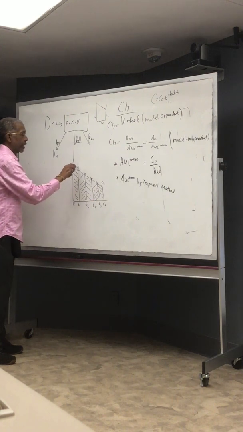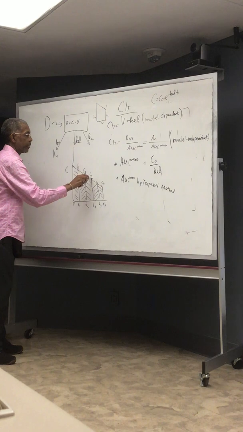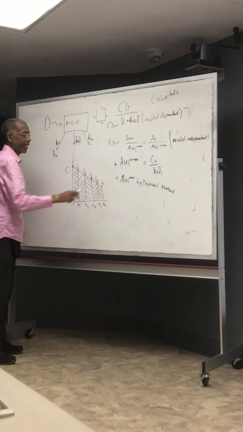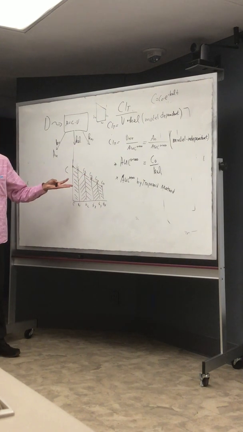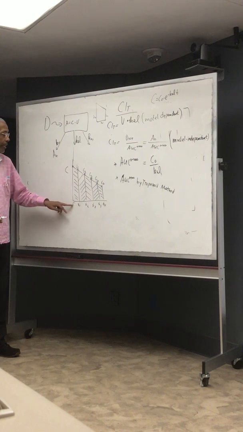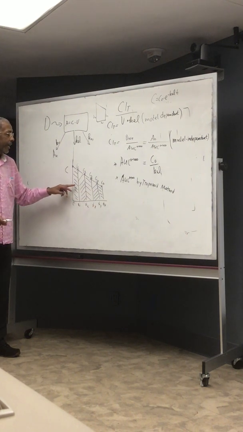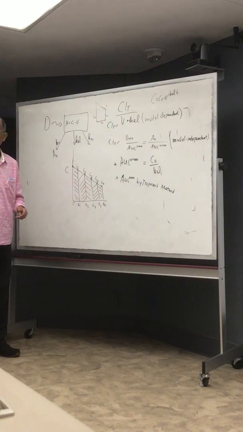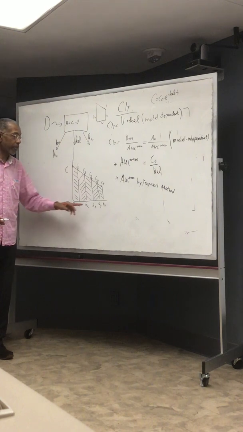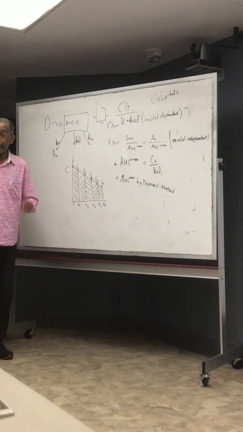We'll call this C1, C2, C3, C4, and the last concentration is Cx. You have to have a final concentration. So the area from 0 to Tx, all I need to do is take the area of this trapezoid plus this one, plus this one, plus this one, plus five trapezoids. That will give me the area from time 0 to Tx. Conceptually, do you see that?